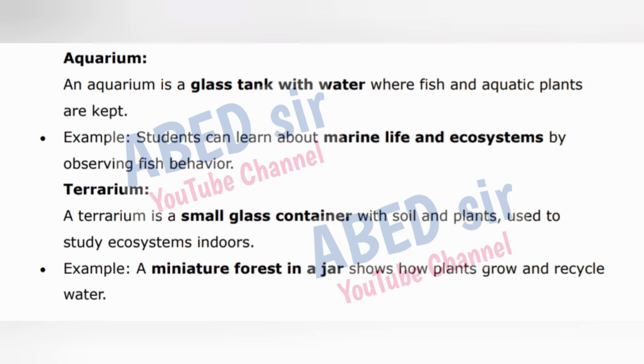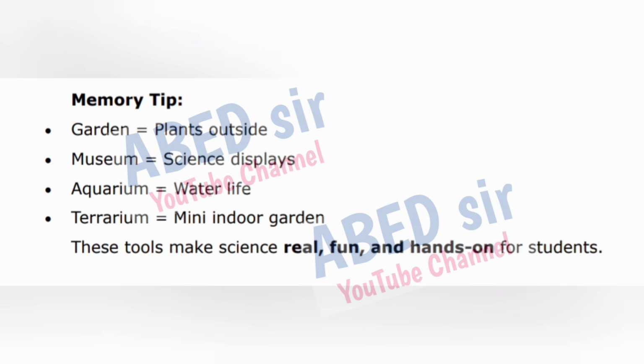Example: a miniature forest in a jar shows how plants grow and recycle water. Memory tip. Garden equals plants outside. Museum equals science displays. Aquarium equals water life. Terrarium equals mini indoor garden. These tools make science real, fun, and hands-on for students.